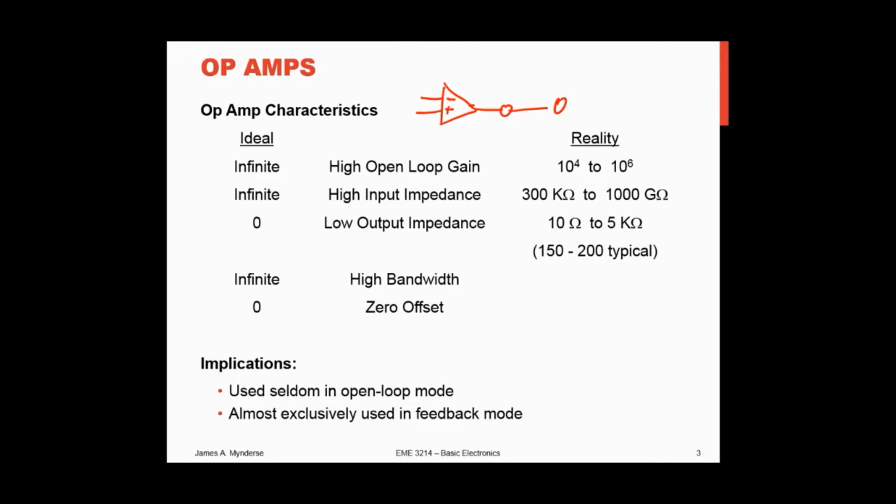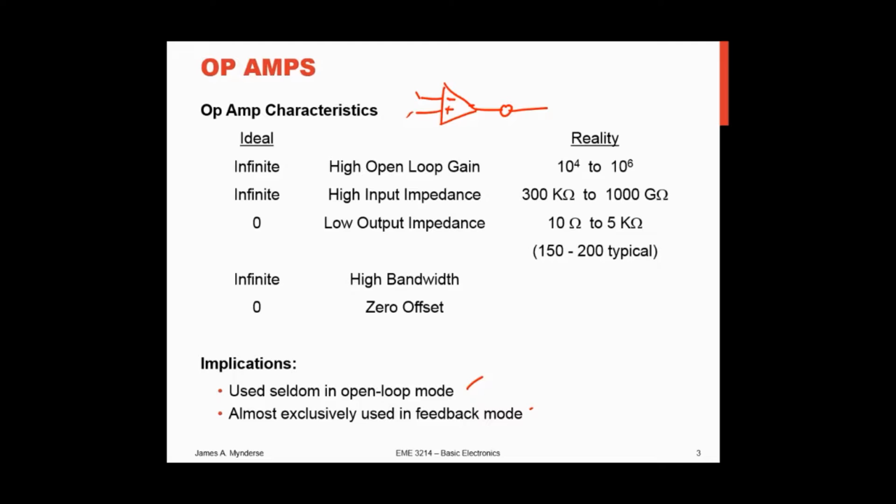Okay. This implies that it's seldom used in open loop mode. Why? Because any difference here gives you infinite output, or certainly very high output, or at least banging against the rails. And what's the point if you're just banging back and forth against the rails?